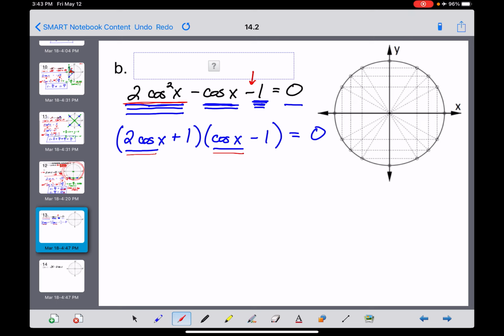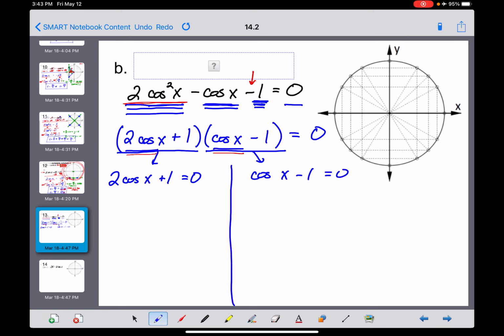Now, might be a little hard to remember, what do we do after we have factored a quadratic expression? You take each factor, this factor here, and this factor here, and you set each one of them equal to 0, and then solve. So here we're going to get cosine of x minus 1 equals 0.